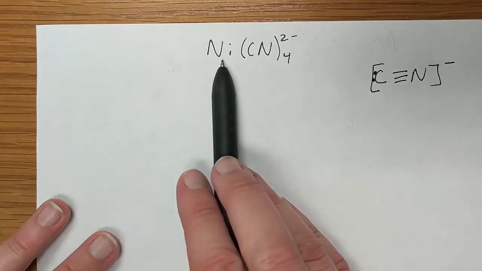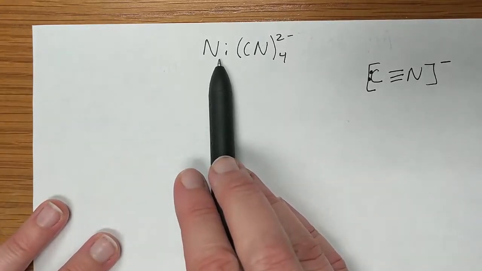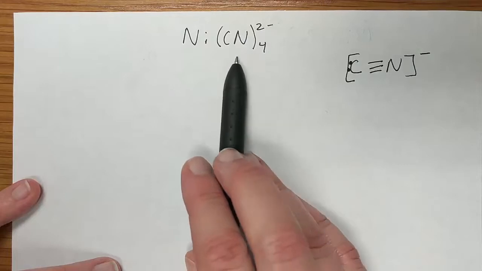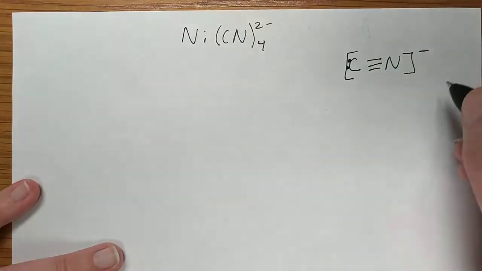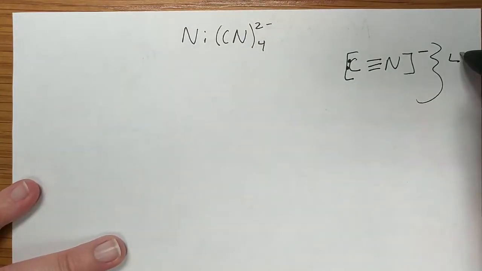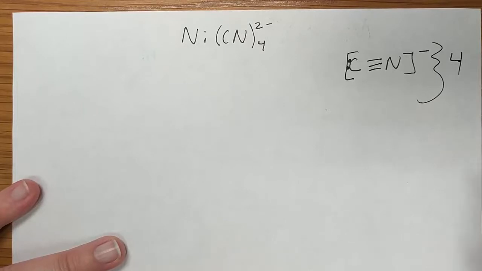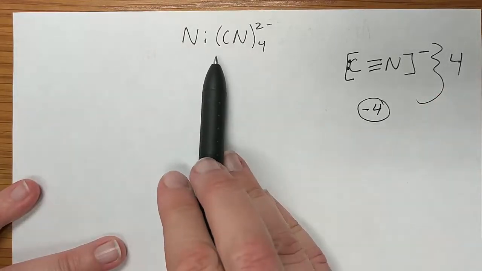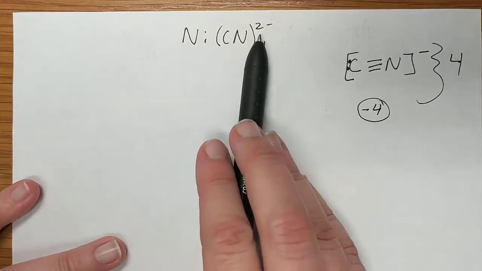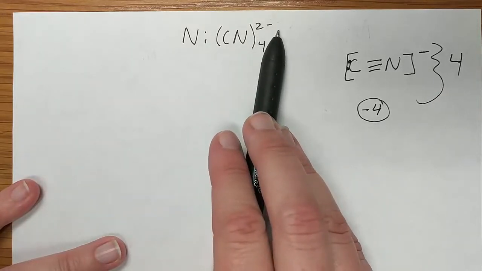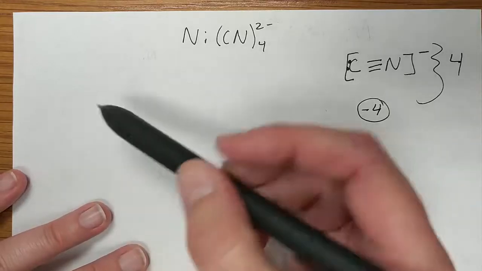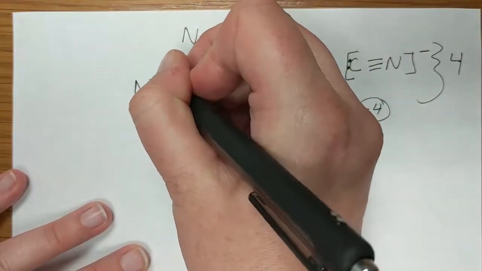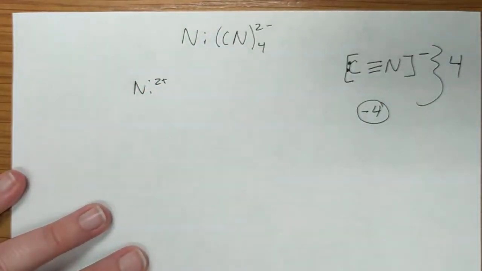So to begin with, let's first think about what then is the charge of nickel. If you have 4 cyanide groups, that means you have this times 4. So therefore you have a net negative charge of -4 on this whole molecule. Which means in order for the whole molecule to have a -2, what must nickel be? It must have a +2 charge. Nickel +2.